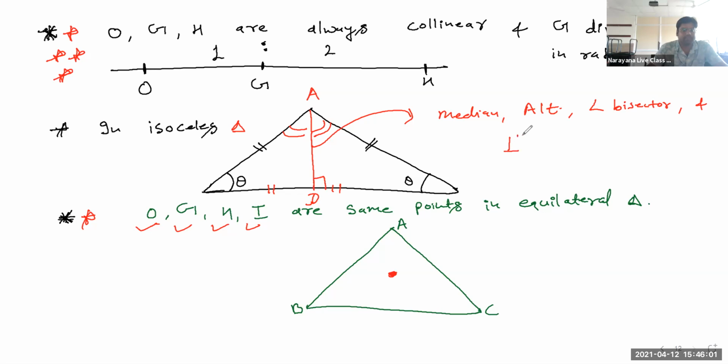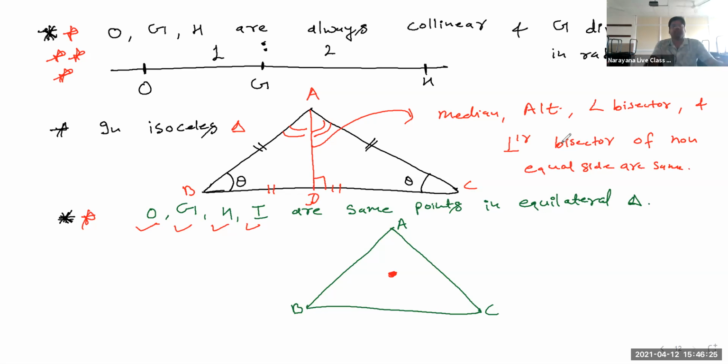Perpendicular bisector of the non-equal side. The non-equal side, which is BC in our figure.